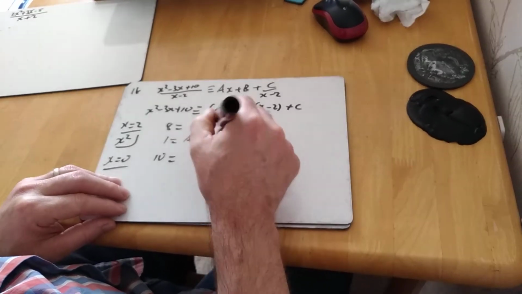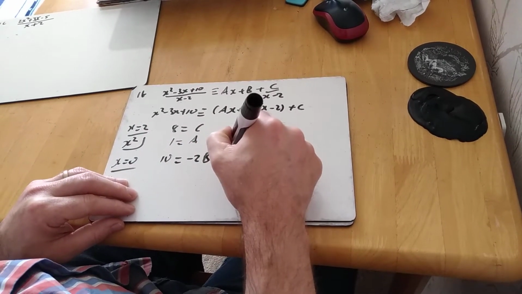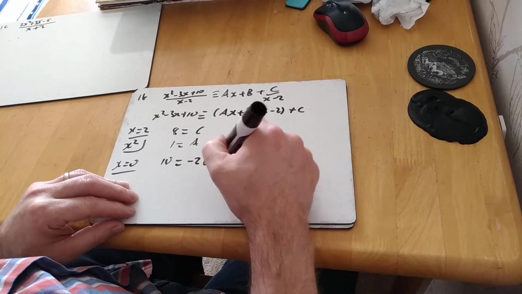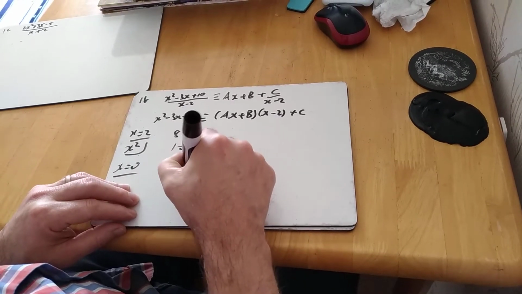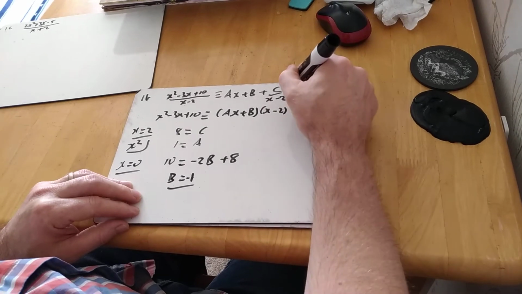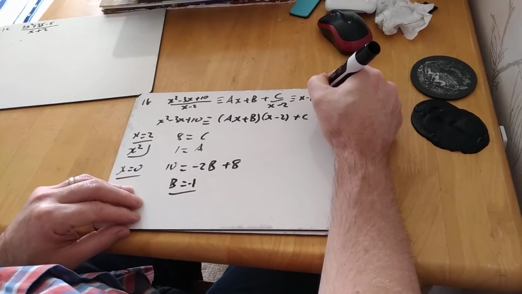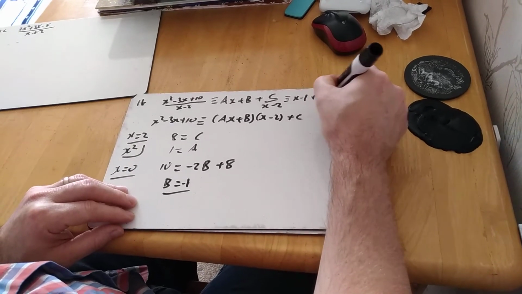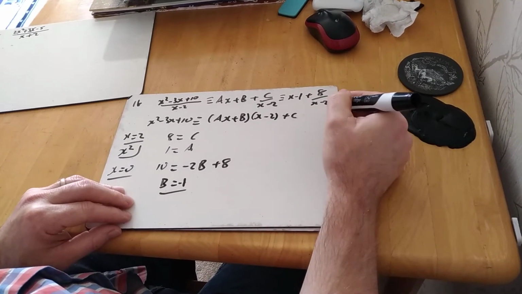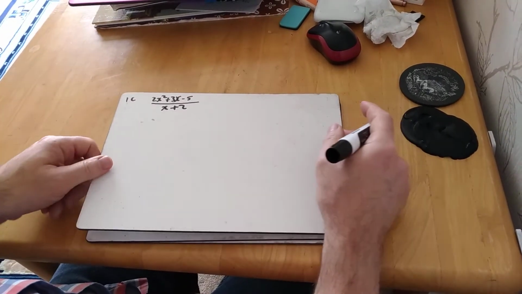I get 10 equals minus 2b plus c, which is plus 8. So minus 2b equals 2, b equals minus 1. So my answer then is this is equivalent to x minus 1 plus 8 over x minus 2.